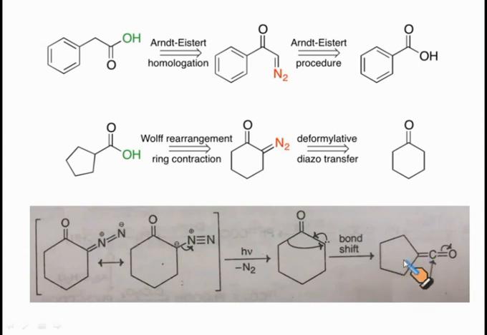Then the water molecule attacks this carbon and generates our desired carboxylic acid, and the alpha diazoketone is obtained from this carbonyl compound by deformylative diazo transformation.